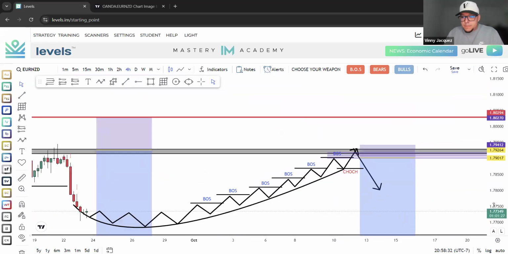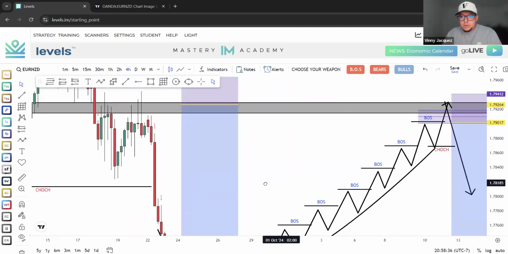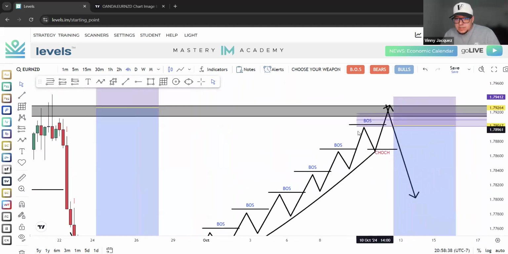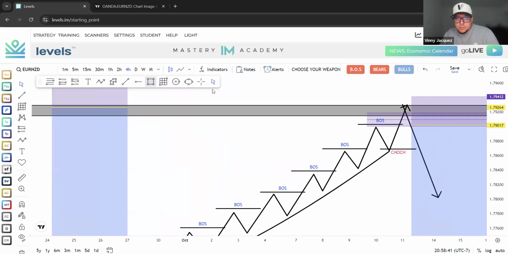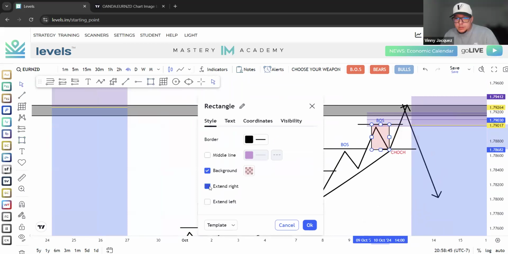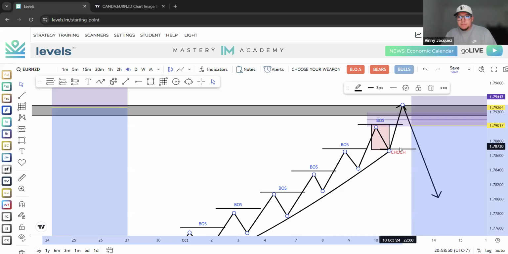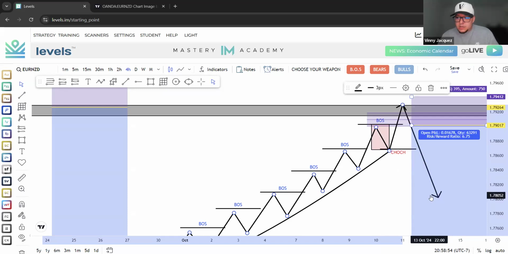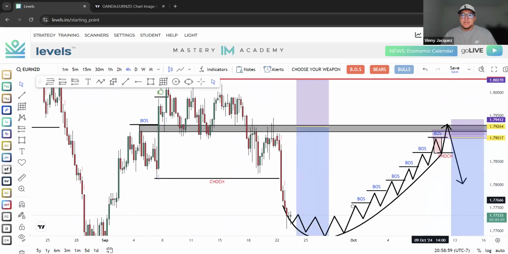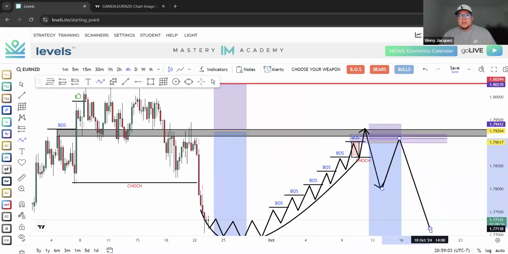So if I zoom in, this section right here, 25%, the banks sweep liquidity. Give me that break of structure, 50%. Once we change character, 75%. And then we're looking to take some setups off of this and send it back down.